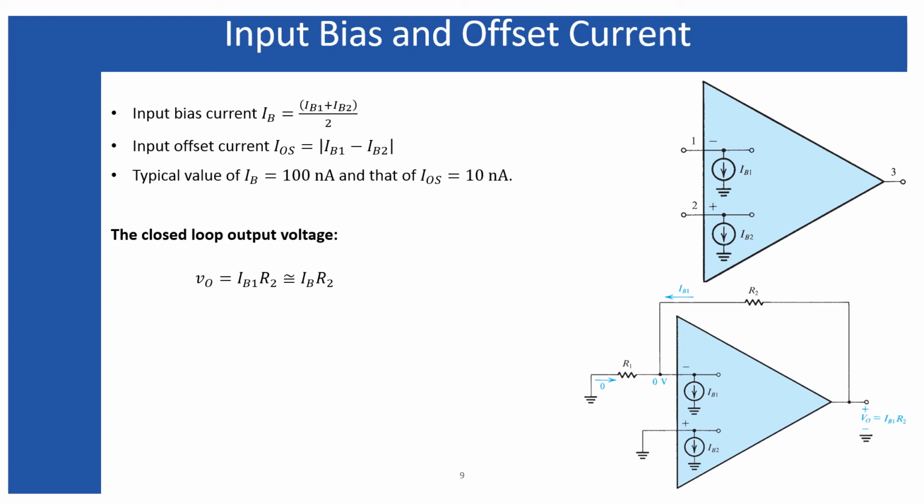Therefore, if equal amounts of collector currents are used or equal bias current is applied for this operational amplifier, then the overall bias current can be considered as the individual bias current divided by 2. So if IB1 equals IB2, the bias current IB will be equal to either IB1 or IB2. The input offset current in that case will be 0.